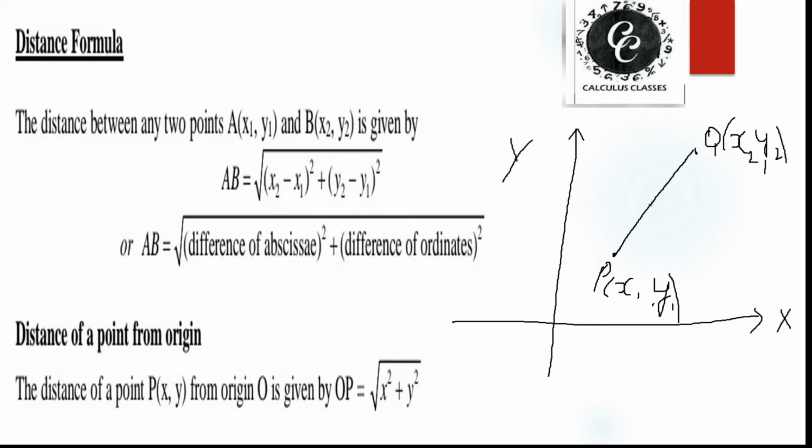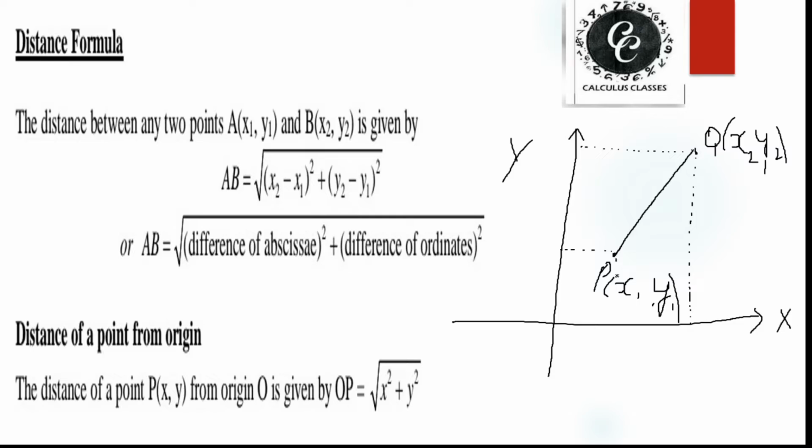Suppose you draw perpendiculars from here and from here. I didn't draw them as straight lines, but these are perpendiculars. This is the position of the points according to the coordinate system.